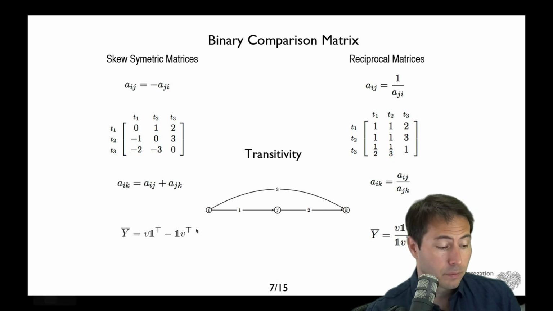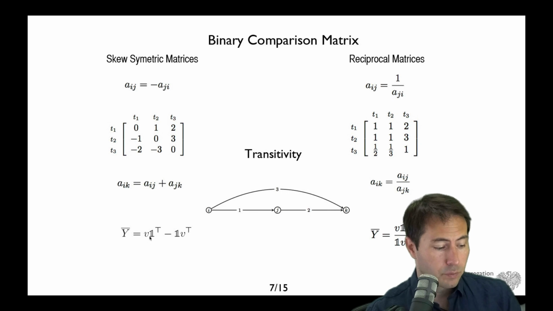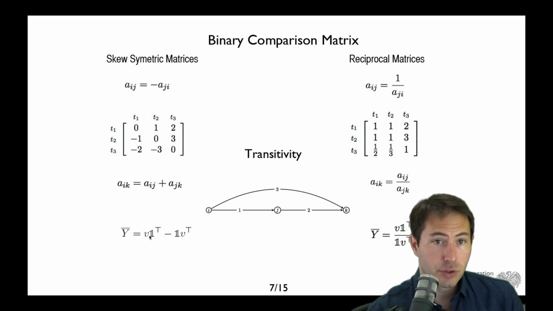This is a great thing for you to do on your own: take that matrix 1, 2, 3, take the vector of the ratings, and try to construct one of these matrices using np.ones, a transpose, an np.dot multiplication and a subtraction. Perhaps I'll do a little recording of that on the side as well. That would actually be kind of nice.